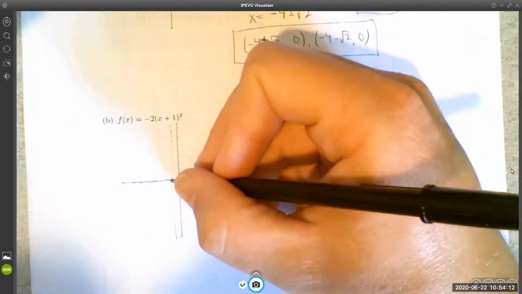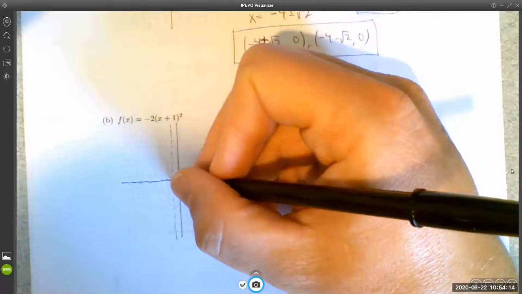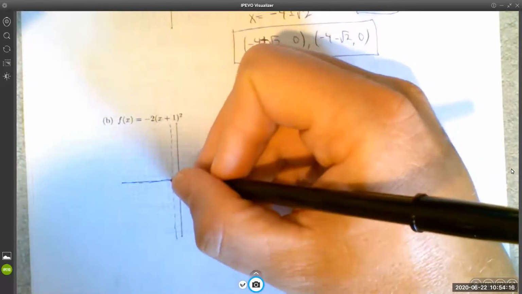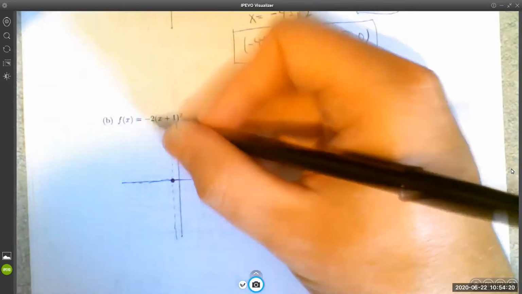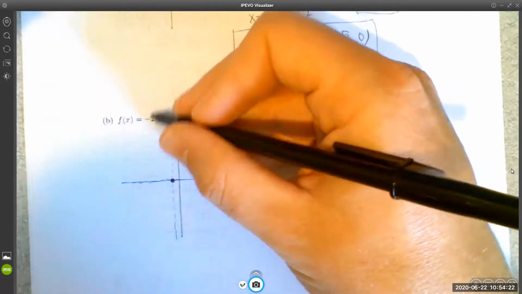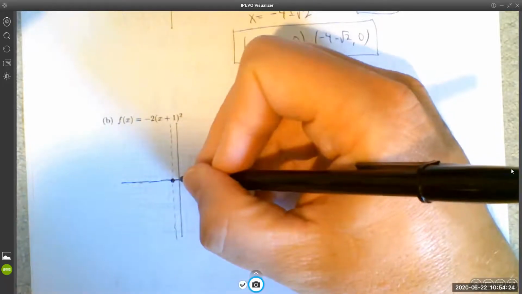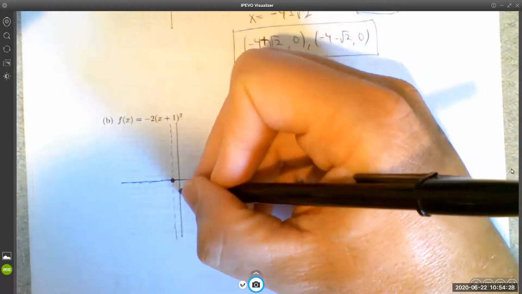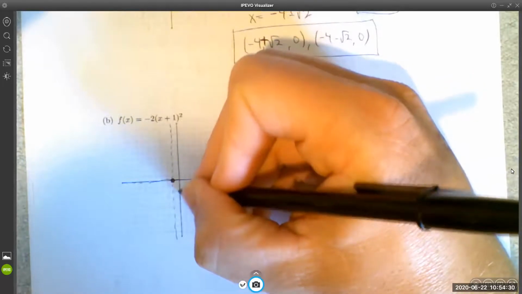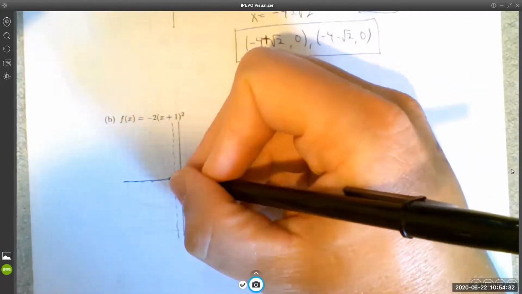So whereas on the normal function, I would go over 1 up 1, now I'm going to have to go over 1 down 1 just to take care of the flip. But then I'm also going to have to stretch that vertical distance by 2. So instead of going over 1 down 1, I'm going to go over 1 down 2, right? Same thing in the other direction, over 1 down 2.